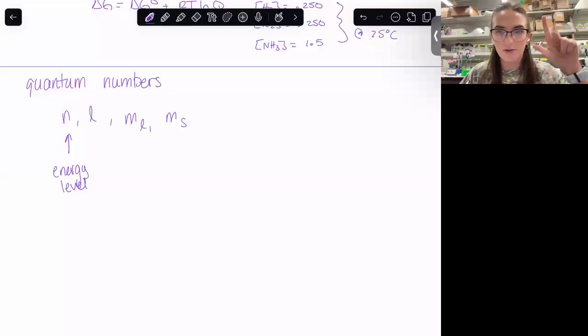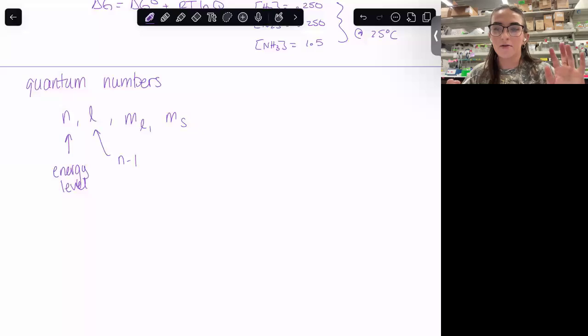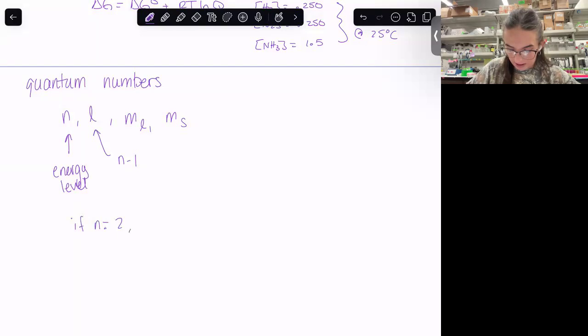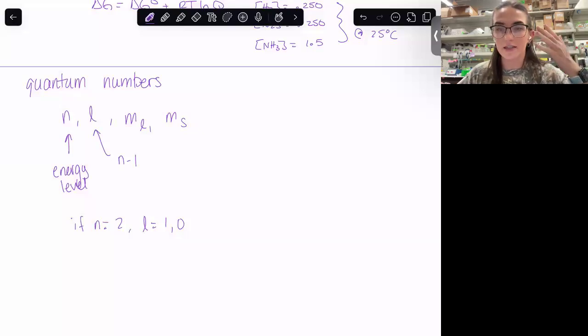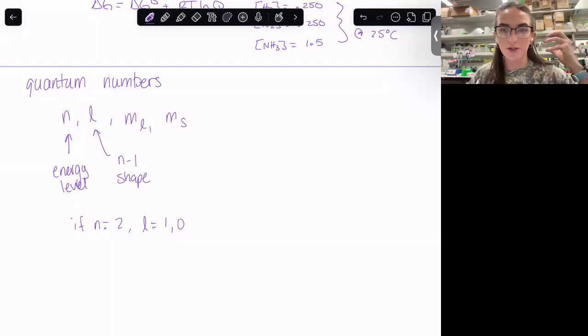So you can have 1, 2, 3, 4, 5, 6, 7, technically in terms of the n level. Once we know our energy level, l has the rule of n minus 1. So if n is equal to 2, then l can equal 1 or 0. Those are your two options if n is equal to 2. This tells you the shape of your orbital.